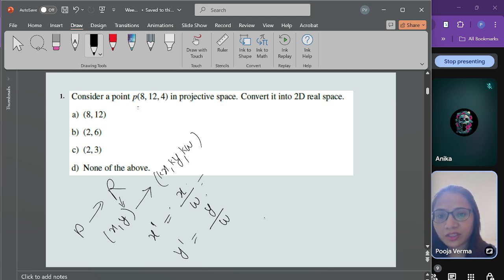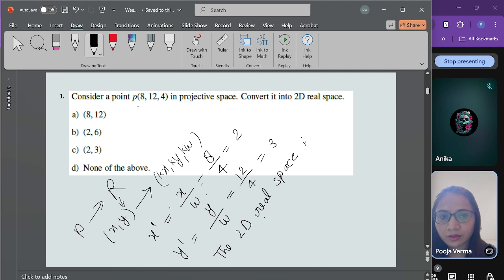What is the x value? That is 8, and w is 4. Similarly, 12 divided by 4. Here you will get 2 and here you will get 3. So the 2D real space point is (2, 3).